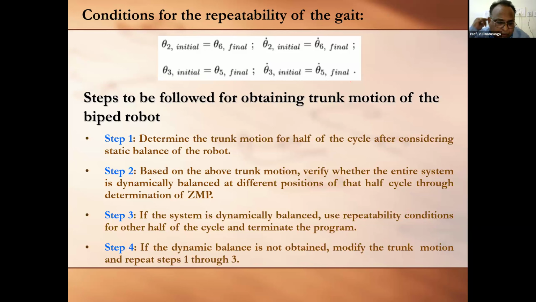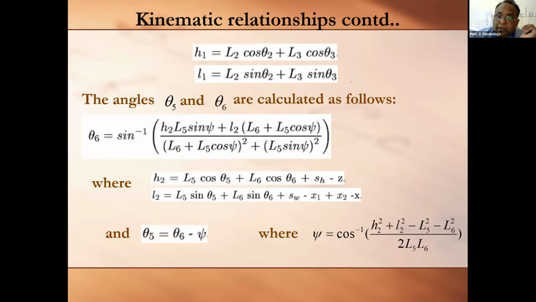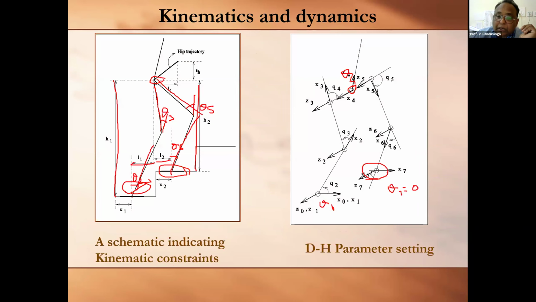So in that case, what we did, we assumed the trajectory for the center of mass of the system, and based on that we derived theta 4 and theta 1, which we are calling the swing foot trajectory, where theta 1 is assumed to be 0. So theta 1 is 0 with respect to horizontal throughout the motion.